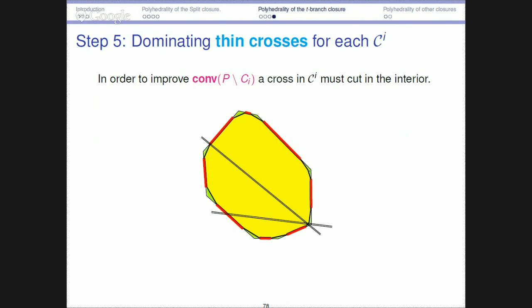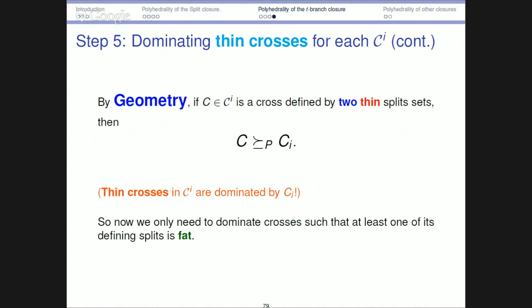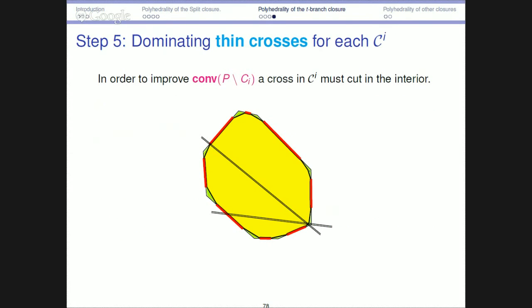So if you have a cross that is too thin, you know that it doesn't dominate CI in the facets, and since it's too thin, it will not dominate anything on the interior. So what you can conclude by a geometric argument is that the crosses that are too thin will be dominated by CI, because they are dominated on the facets and they will not cut anything from the interior.